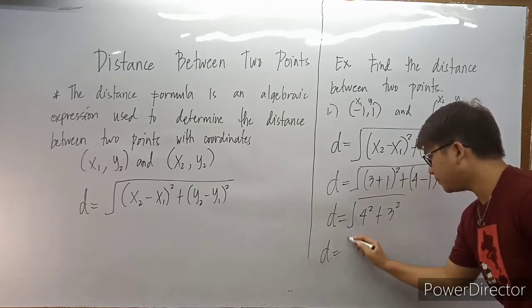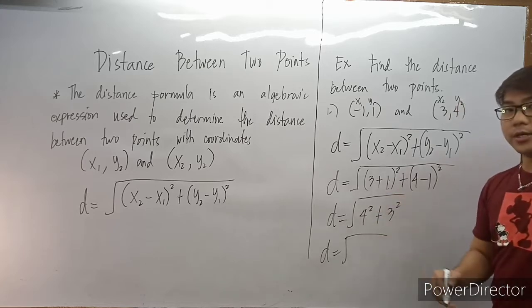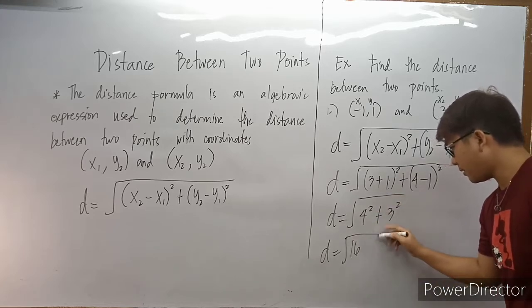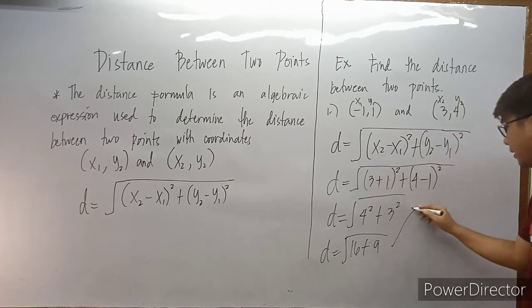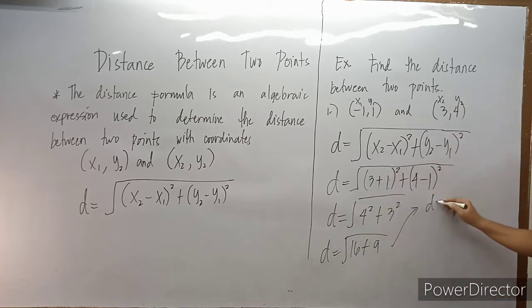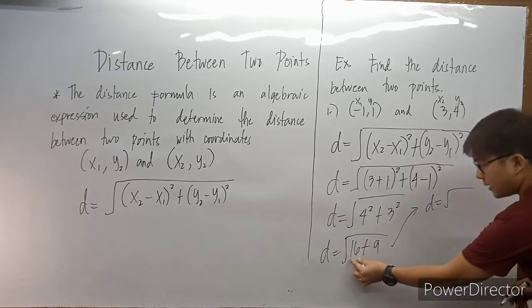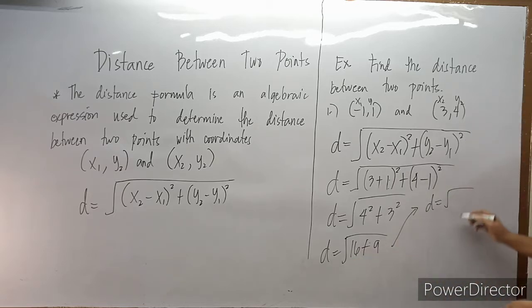Then, solve. So, 4 squared is equal to 16, then plus 3 squared is equal to 9. So, magiging d is equal to the square root of 16 plus 9 is equal to 25. Then, simplify natin kung possible.